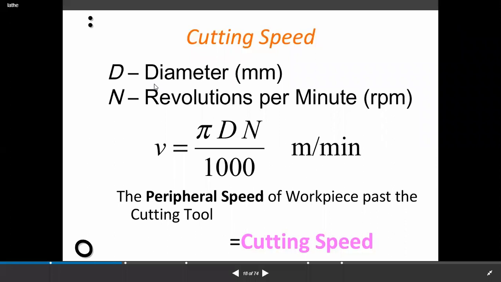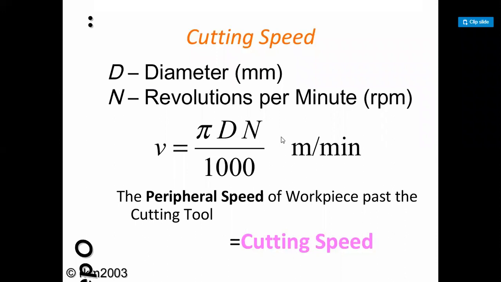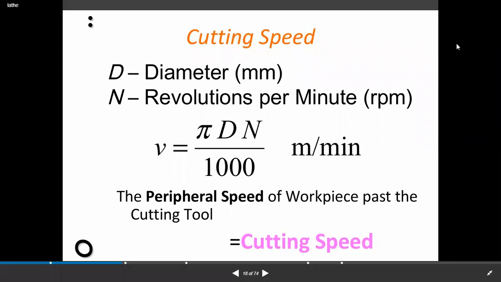Revolutions per minute of a job while rotating is nothing but the n, and d is diameter of the job. Pi value we know in our mathematics, and that is cutting speed is equal to pi d n upon 1000. बरोबर? So that is the peripheral speed of a workpiece against the cutting tool. So that is your cutting speed.